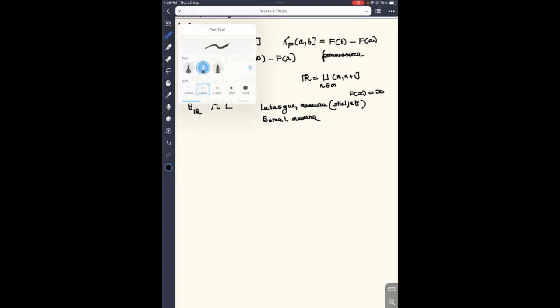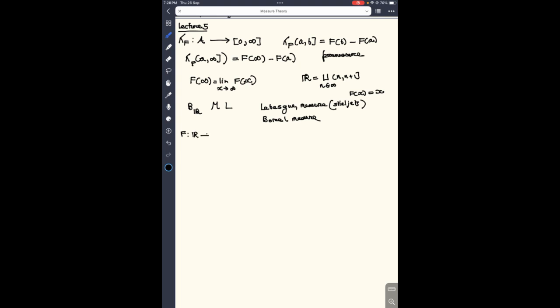But before that, let's see an example of a Stieltjes measure. So F defined from R to R, F(x) equal to 0 if x is less than 0, equal to 1 if x is greater than or equal to 0.